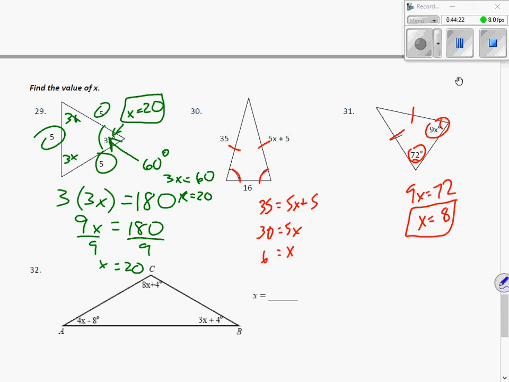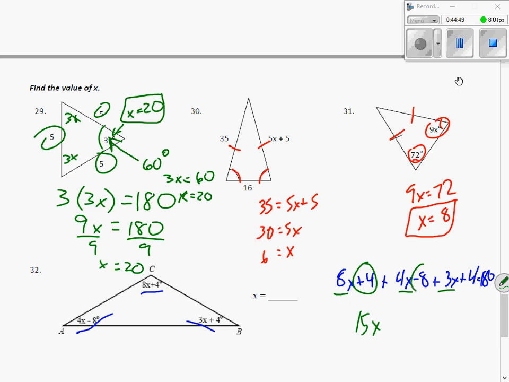Okay. I've got three angles that have messy formulas for each. But I do know that they have to add up to 180 degrees. So the 8x plus 4, the 4x minus 8, and the 3x plus 4 have to add up to 180. Now let's clean this up. That's 15x.